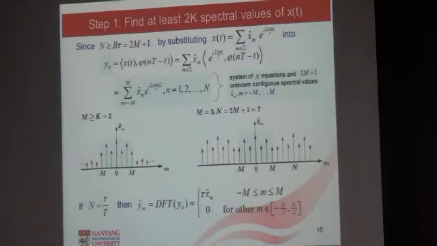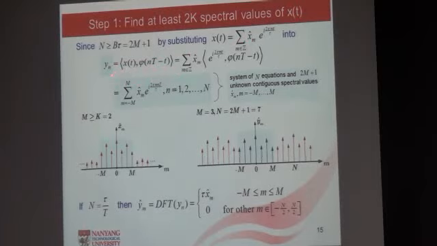So now we start the reconstruction. We have to find at least 2K spectral values of x of t. Since the number of samples that we obtained is greater than 2M plus 1, we substitute the signal x of t into this expression, and what we get is a system of equations.